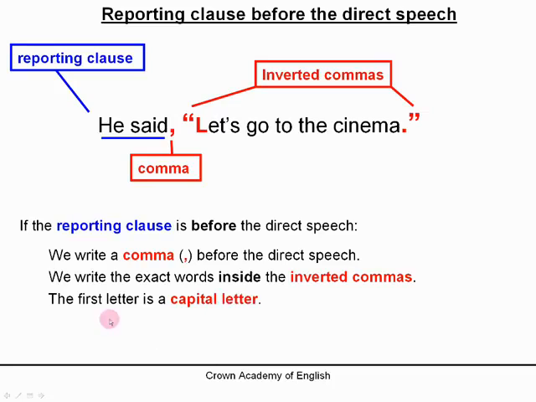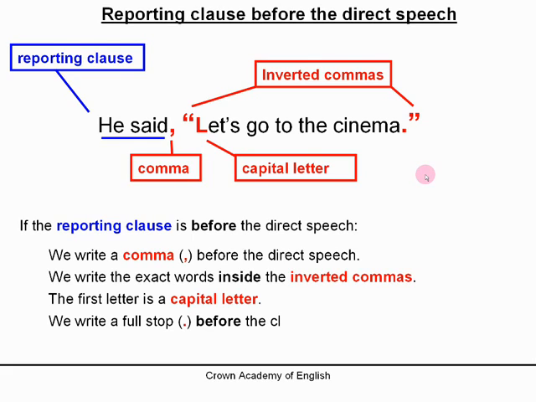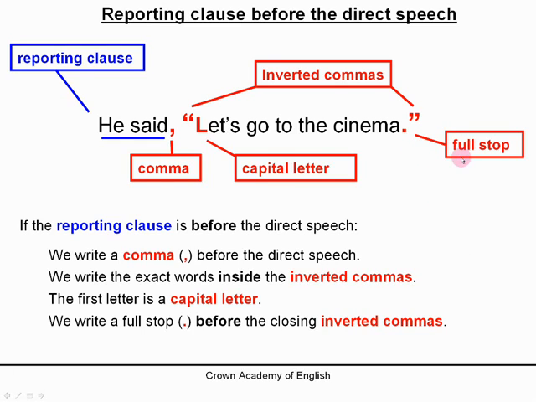And also, the first letter of the direct speech is a capital letter. So it's a big letter. Here. So the L here is a capital letter. And finally, we write a full stop before the closing inverted commas. Here.